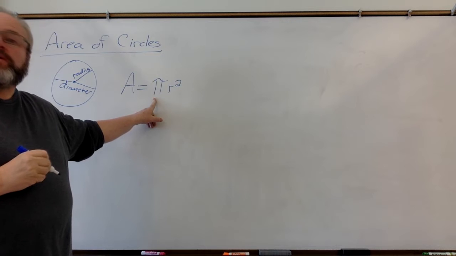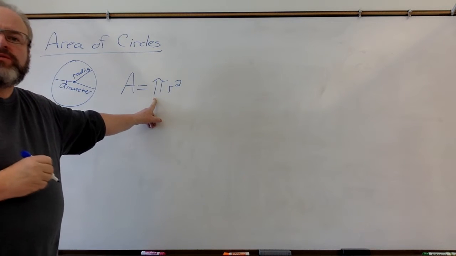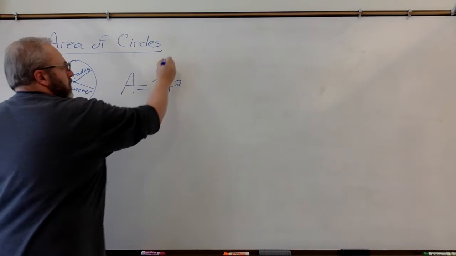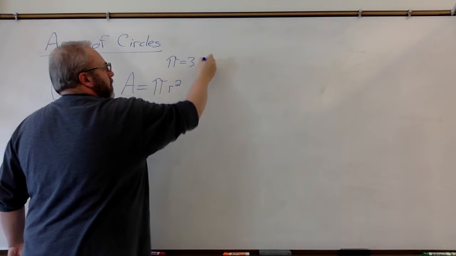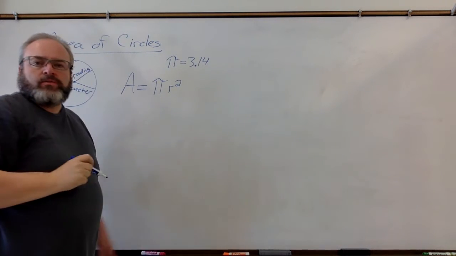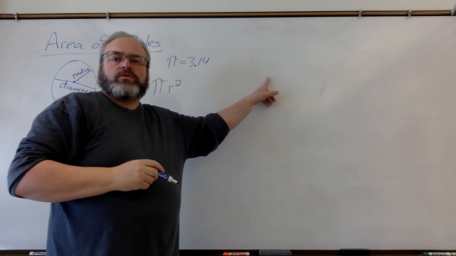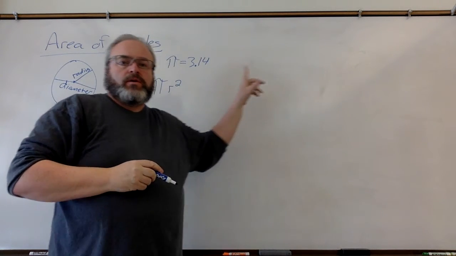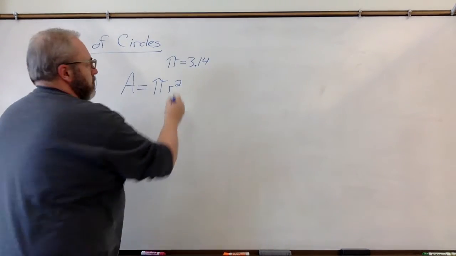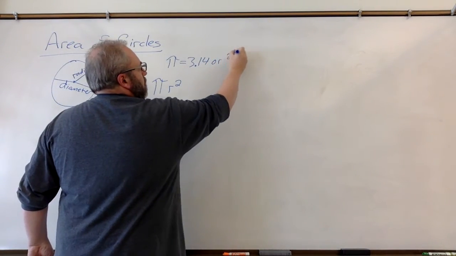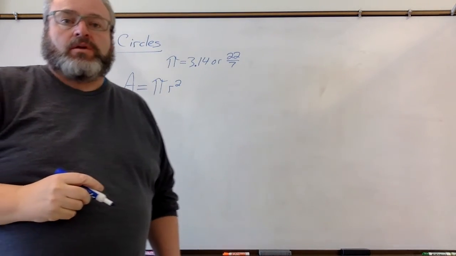Pi is a number that we approximate to 3.14, although in reality it's a decimal that keeps going, 3.14159 and so on forever. 3.14 is usually what we use for pi, although you can use the fraction 22/7 as well.